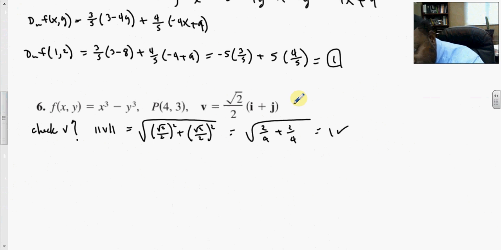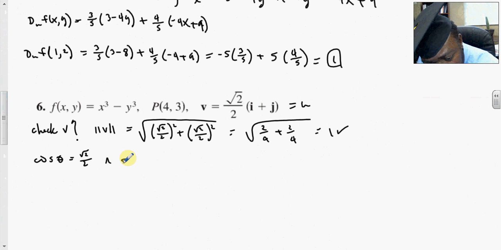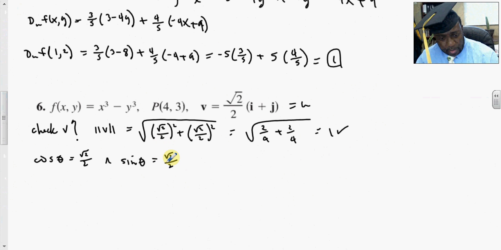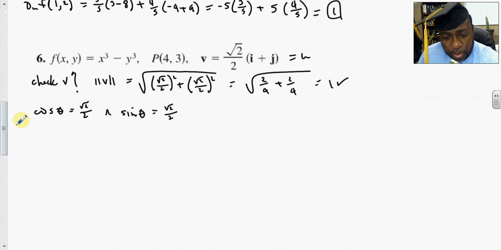So v is the unit vector. Right? So cosine theta is the term times i, which is the square root of 2/2, and the term times the j, the coefficient, is the square root of 2/2 again. So the angle is pi over 4.